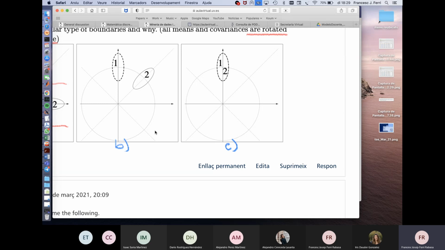What would be the boundary? Every sample will be classified as class 2. So the boundary is always class 2. So the answer is, there's no boundary.